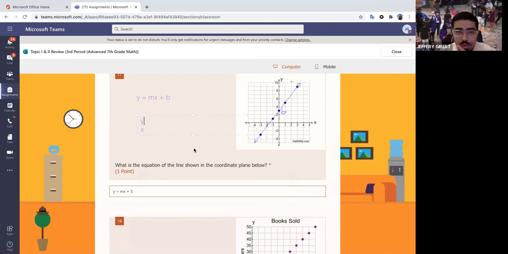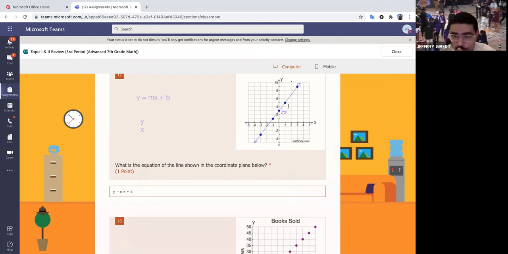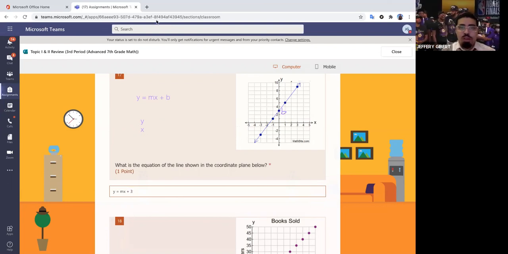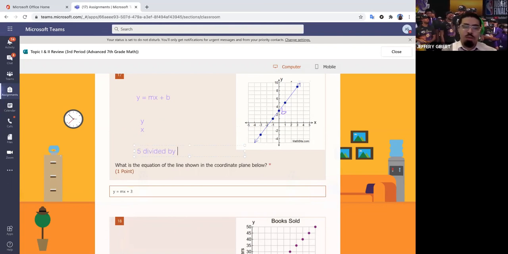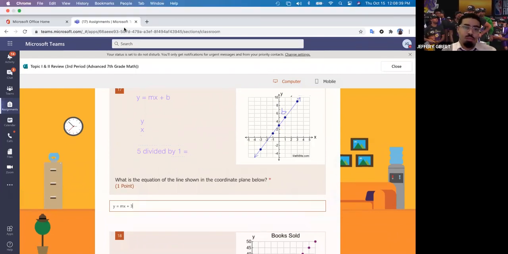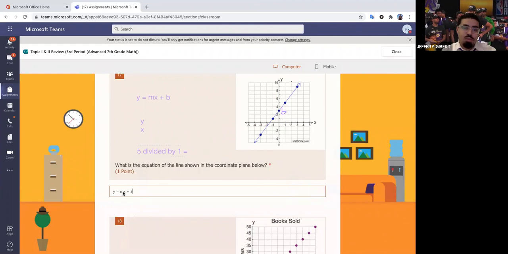So we pick a perfect point. Here's a perfect point right here. It looks like our y is 5 and our x is 1. So we have 5 divided by 1. What's 5 divided by 1? 5.